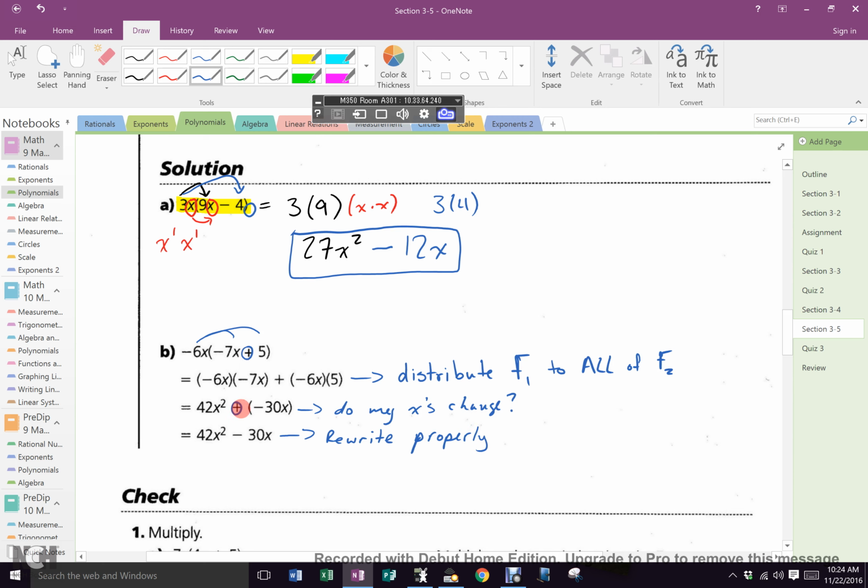So I kept it as a plus, but then 6 times negative 6 times positive 5 is negative 30. But math guys would never write plus negative 30, would they? Math guys write minus 30. Cool? It's nothing new, right? Absolutely nothing new this whole unit. It's just using what we already knew from the last unit.